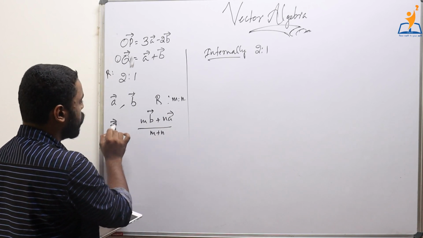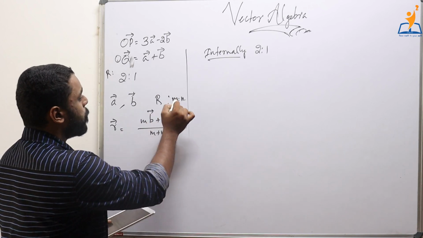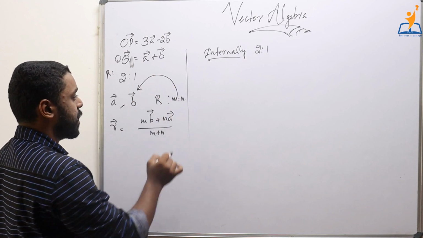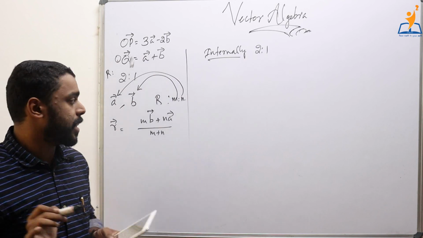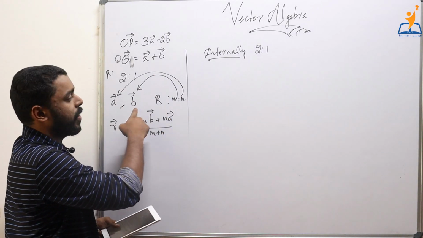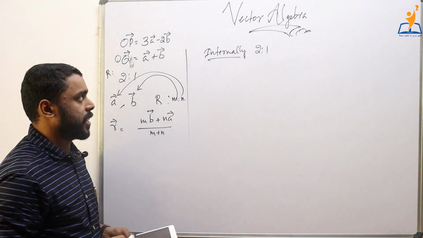Always remember that it is m into the second vector plus n into the first vector.